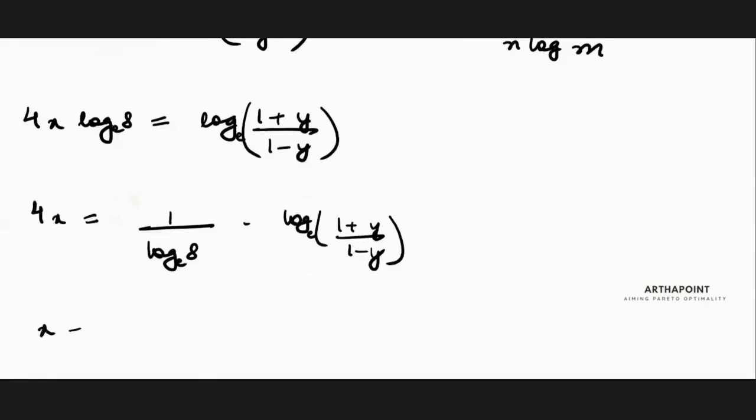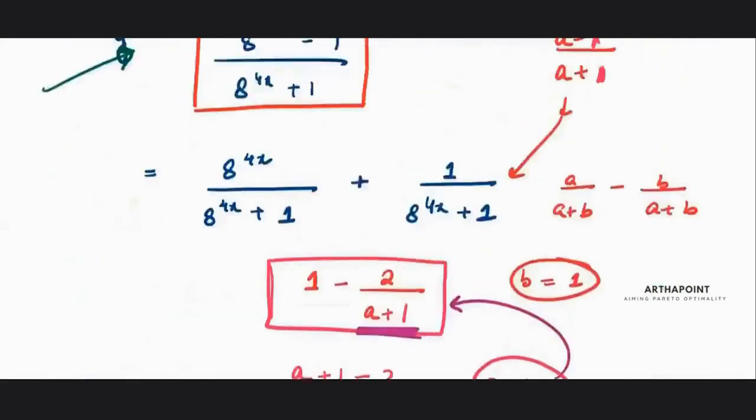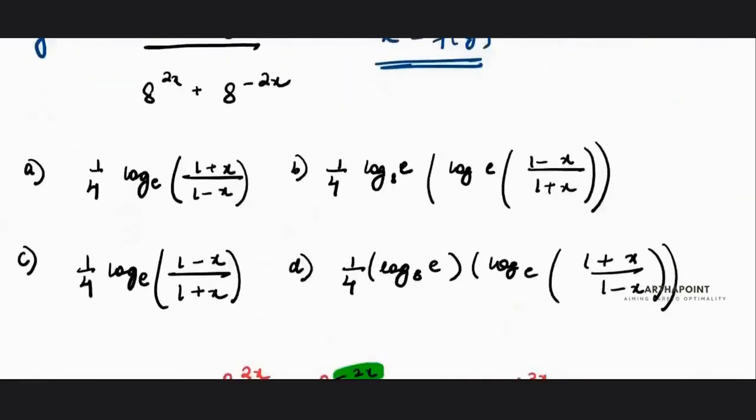And then x will be 1 by 4 log 8 times log 1 plus y upon 1 minus y. So the answer to this one will be D, 1 plus 1 minus.